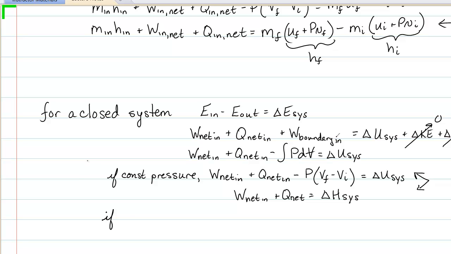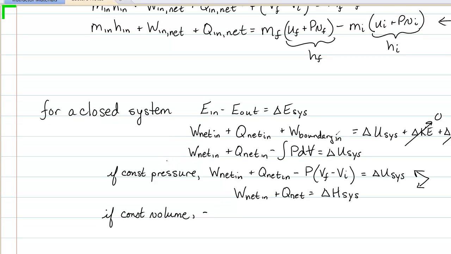Now, if we had a closed system and we had no change in volume, so a constant volume system, if we come back up to this expression, work net in plus Q net in minus the boundary work equals the change in internal energy. Obviously, the boundary work is 0. Let me just write that out. Minus the integral of P dV, and that would equal 0.